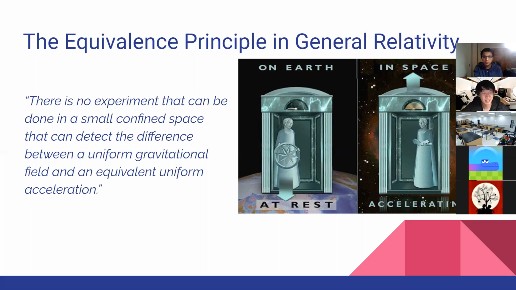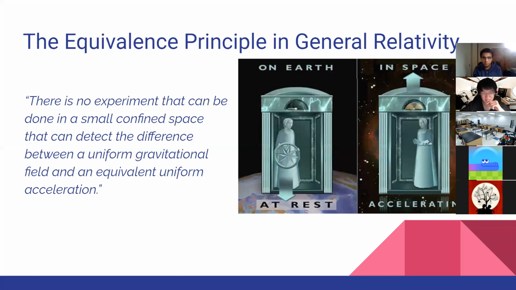So let's talk about the equivalence principle in general relativity. Einstein said there is no experiment that can be done in a small confined space that can detect the difference between a uniform gravitational field and the equivalent uniform acceleration. Imagine you're in an elevator, a small confined space.